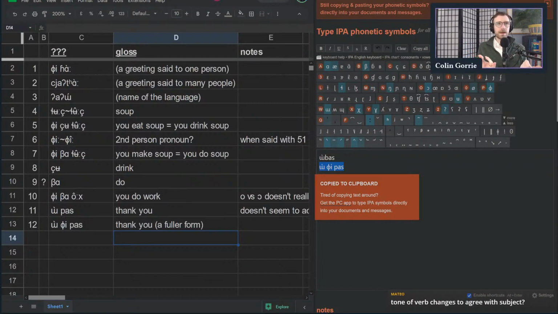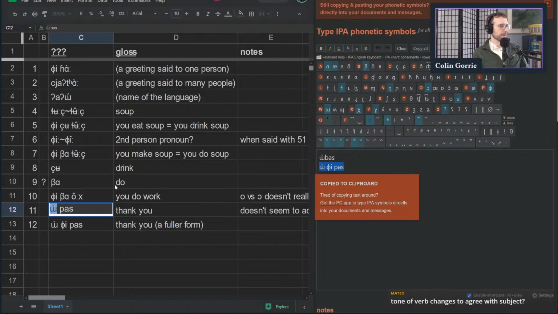What do you mean, the first sound? No, it's not the same. Listen to it again. Is it the same sound as in the word for you? Yes. Okay. So perhaps what we have here is something more like this.